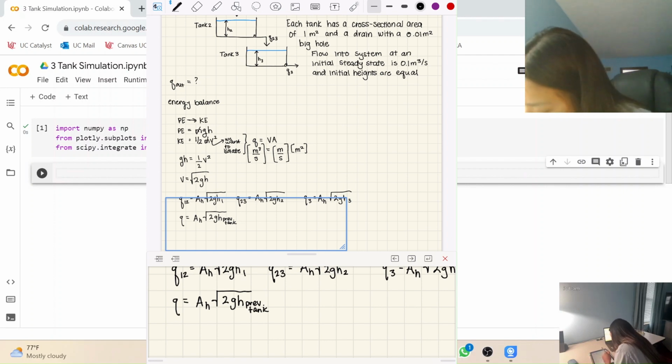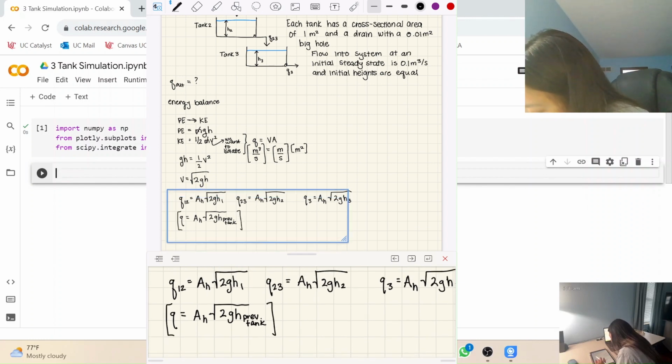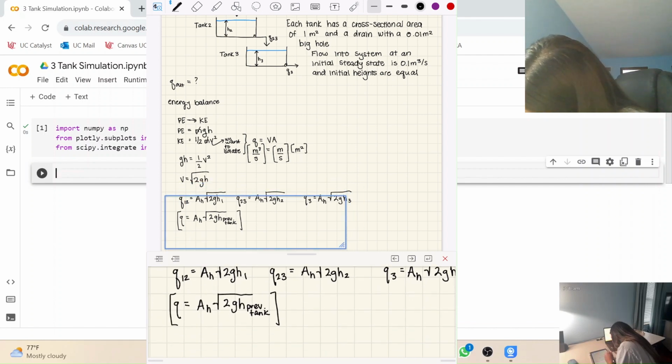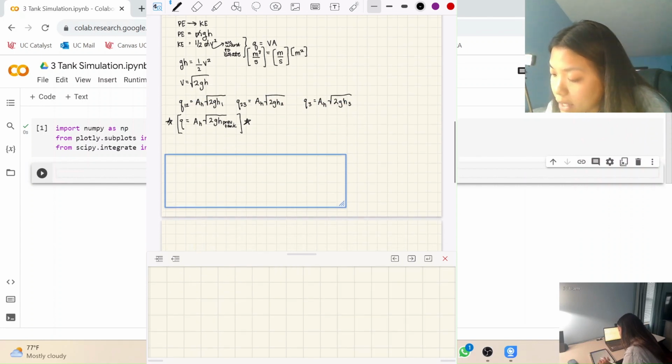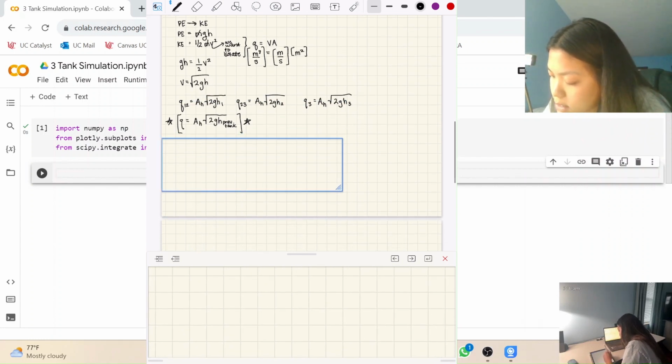And so this is an equation. Technically, these three equations are what we'll be using in the code, but this is the simplified version. Now, moving on, we can actually do not only an energy balance, but also a mass balance.